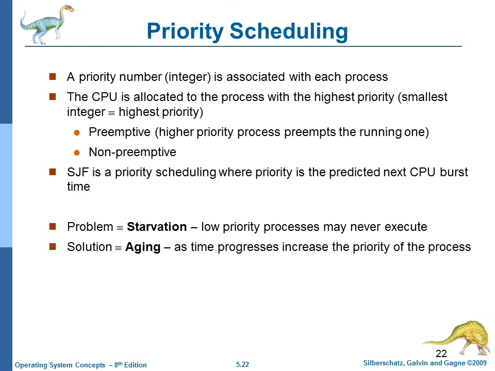The solution to this problem is called aging, in which priorities of jobs increase the longer they wait. Under this scheme, a low priority job will get its priority raised high enough that it gets run.